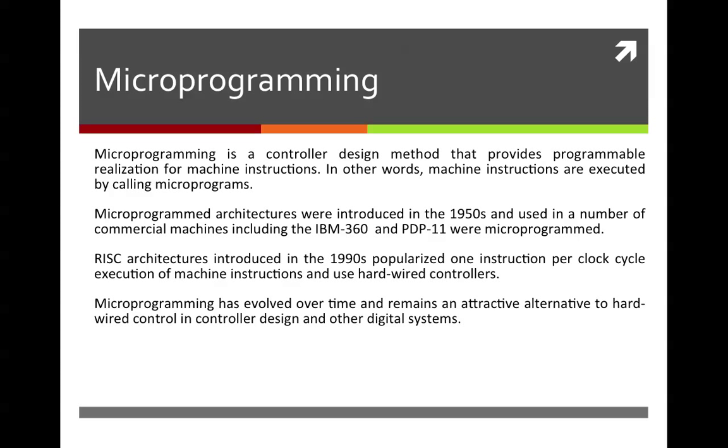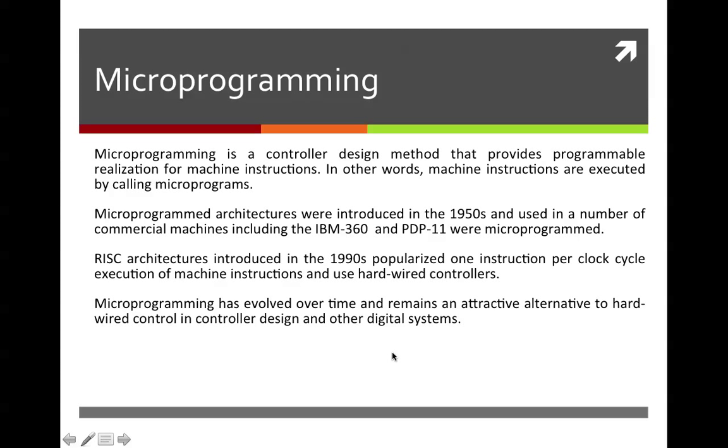Now, the second topic that we took up was microprogramming. Microprogramming was really the name of the game in the computer architecture world in the 70s and 80s. Lots of machines came out with microprogram architectures within. And just like we explained in class, machine instructions were basically executed by microprograms.